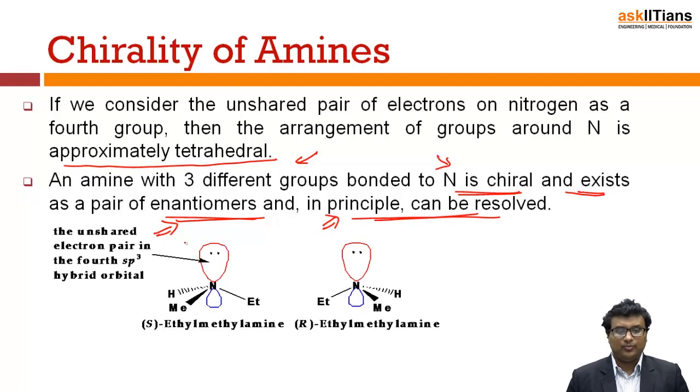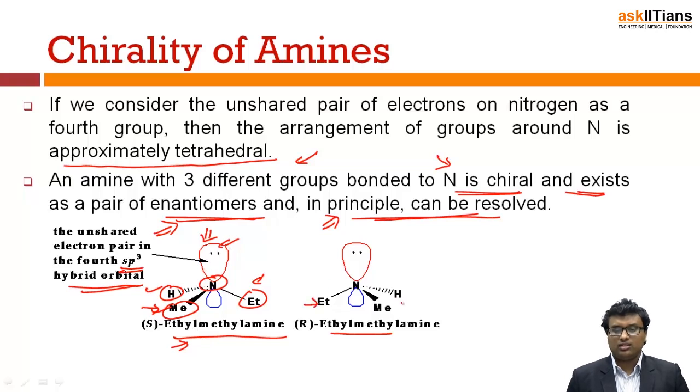So obviously, because of this, in principle it can be resolved, right? You can see here you have nitrogen surrounded by 3 different groups, and you have a lone pair here. So this is actually the sp3 hybrid orbitals. This is ethyl methylamine, because you have an ethyl group here and a methyl group here. This shows the chirality of amines, because there are 3 different groups and the 4th one is your lone pair.